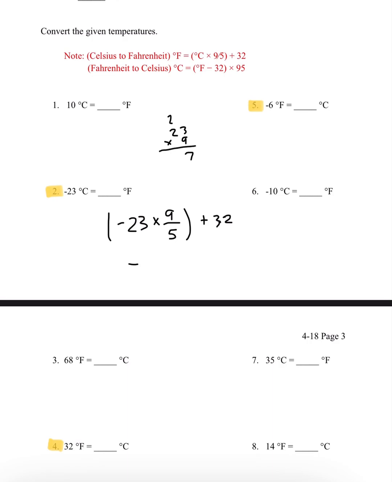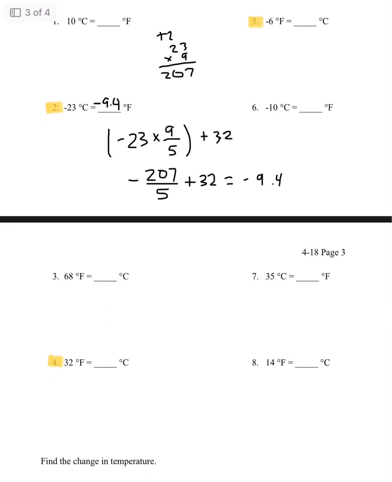We add the 2. 9 times 2 is 18, plus 2 is 20. So we get 207 over 5 plus 32. And this gives us negative 9.4. So number 2, our answer is going to be negative 9.4 degrees in Fahrenheit.